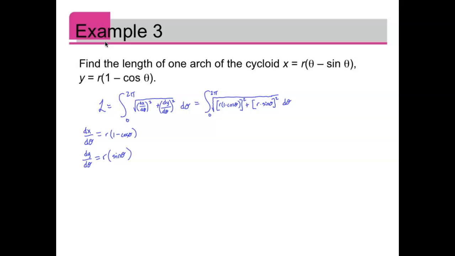Okay, so we're going to simplify this where we can. Notice that both of these r's are going to be squared, so I'm going to just square them and factor that out.